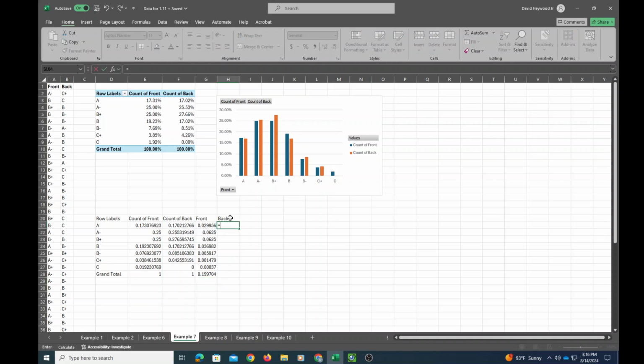So equals this number squared, equals this squared, equals this squared, equals this squared, equals this squared, this squared, and this squared. Okay, and then we'll sum those up.